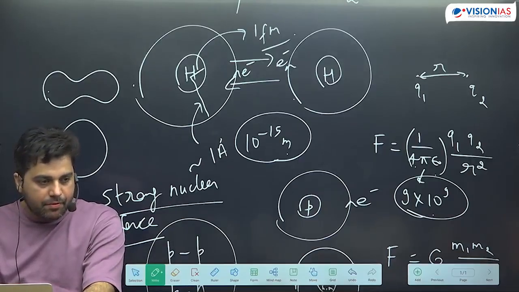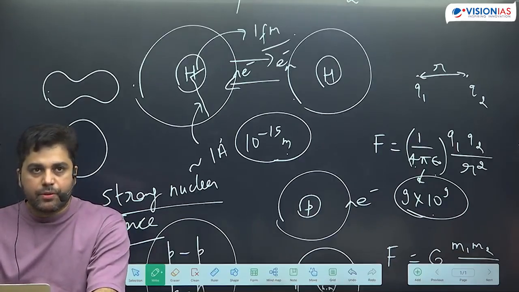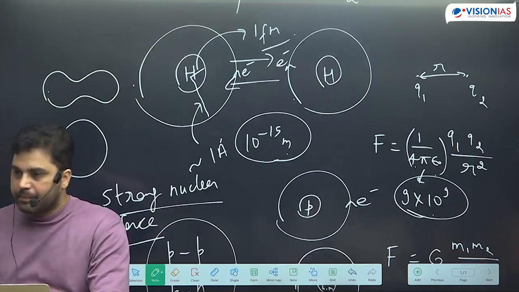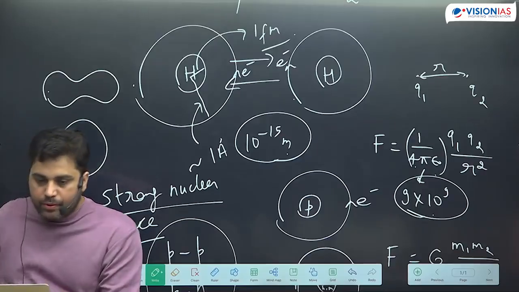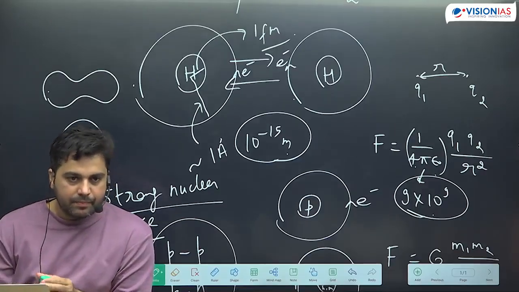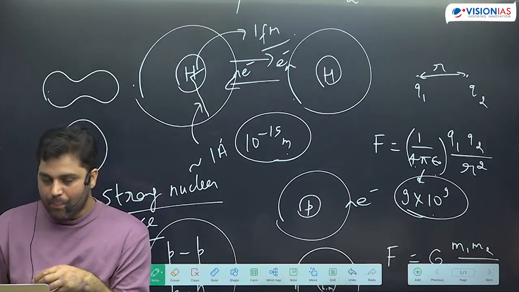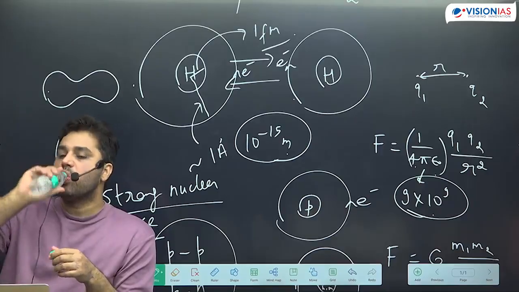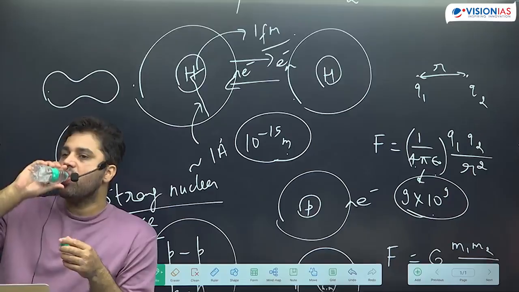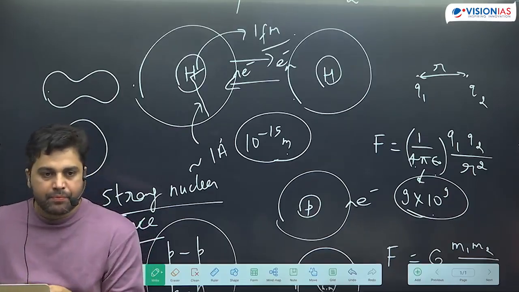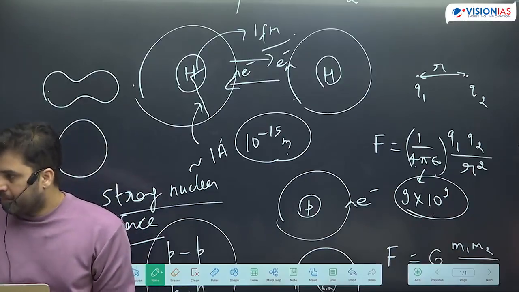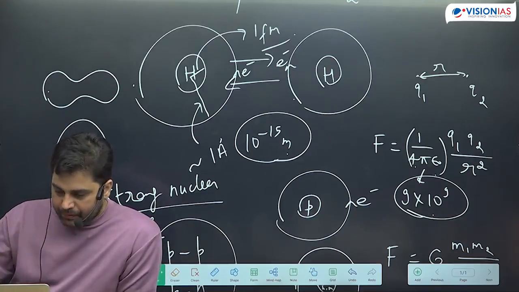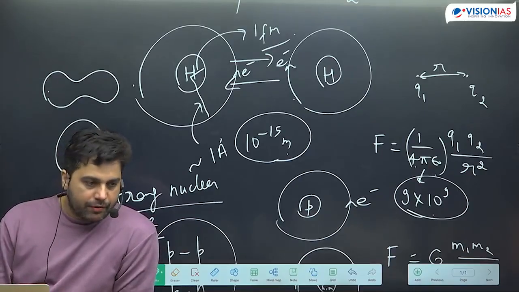Write down the next paragraph. For fusion to occur, nuclei have to overcome electromagnetic repulsion, to the extent and range where the strong nuclear force starts operating.